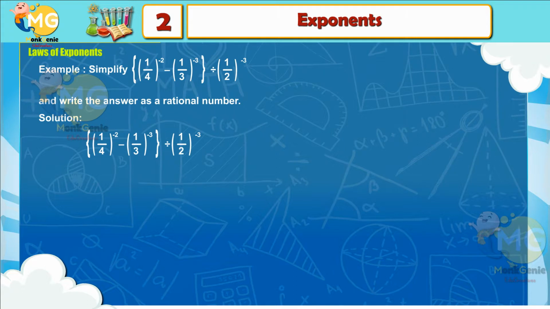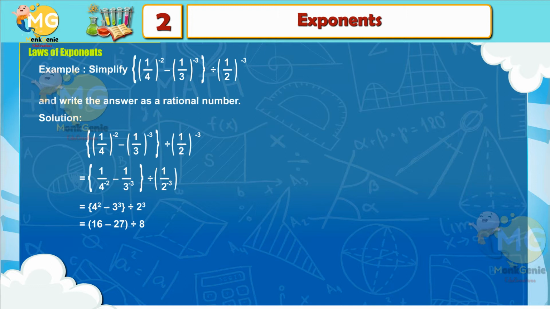Solution. (1/4)^-2 minus (1/3)^-3 divided by (1/2)^-3 is equal to 4^2 minus 3^3 divided by 2^3, equal to 16 minus 27 divided by 8, equal to minus 11 upon 8.